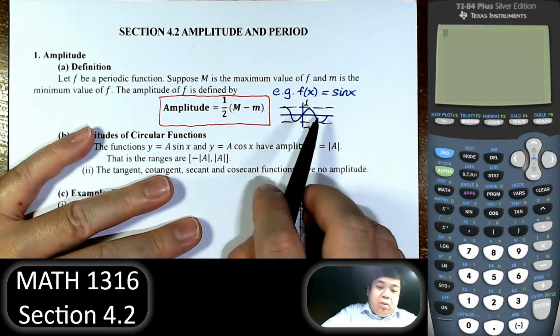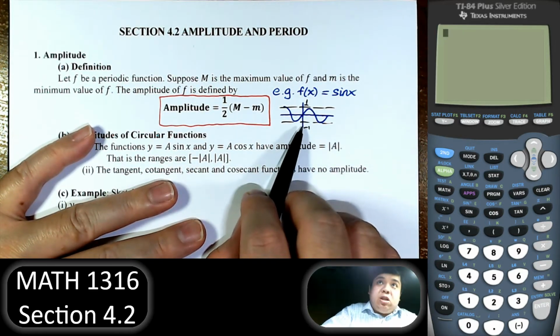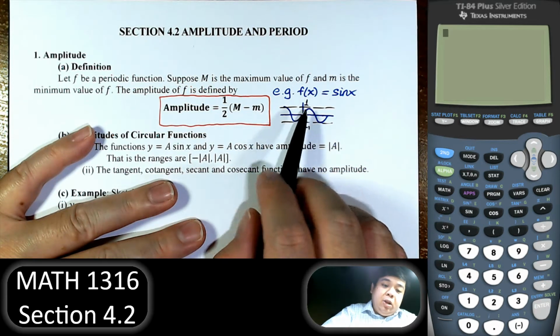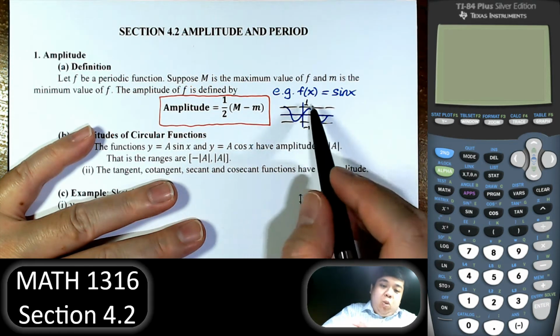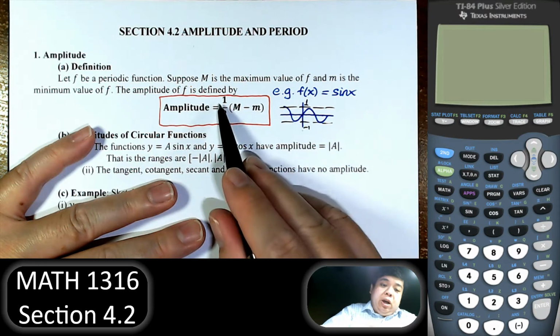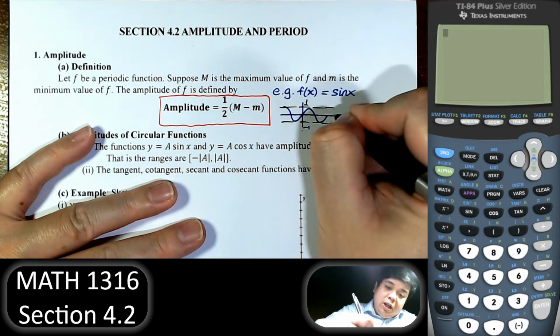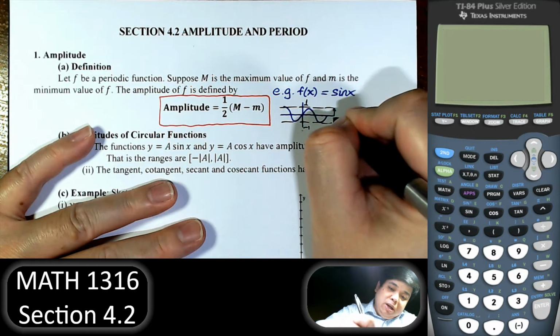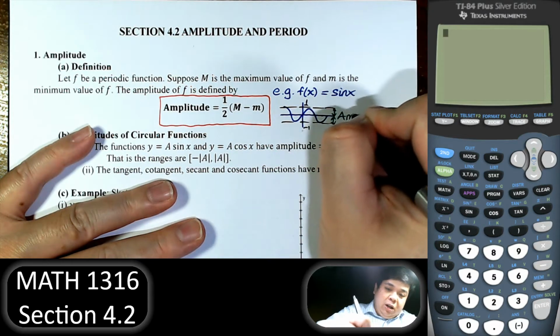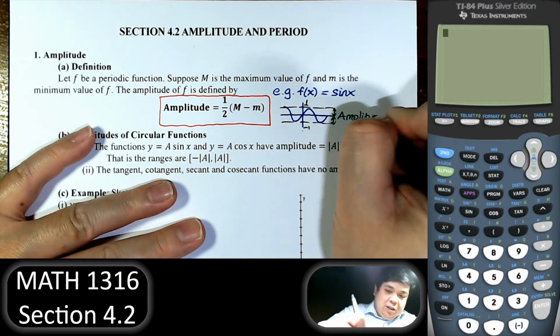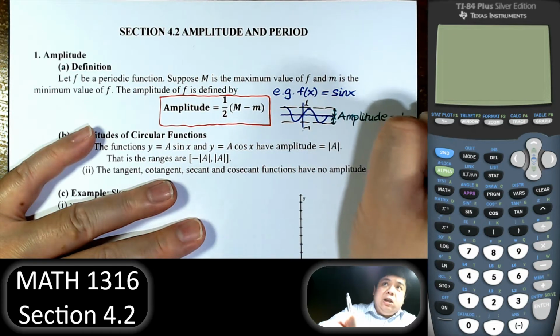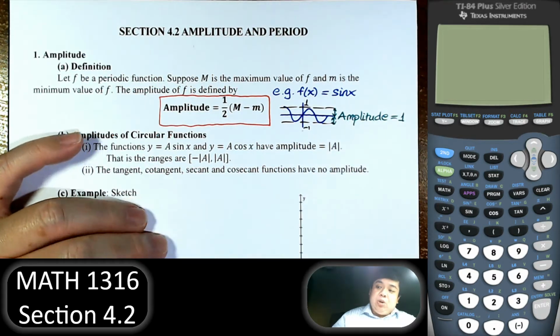So the maximum value is 1, the minimum value is -1. The difference of them is 1 minus -1, which is 2, and half of that is 1. So the amplitude is the distance from the middle to the maximum or to the minimum. In this case, the amplitude is equal to 1. So that is an example of an amplitude.